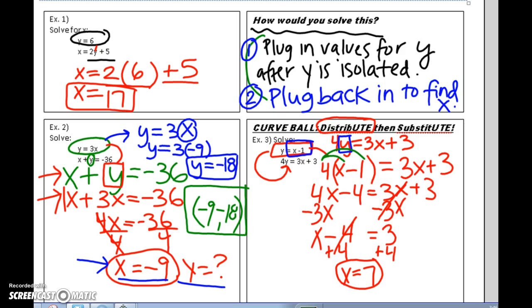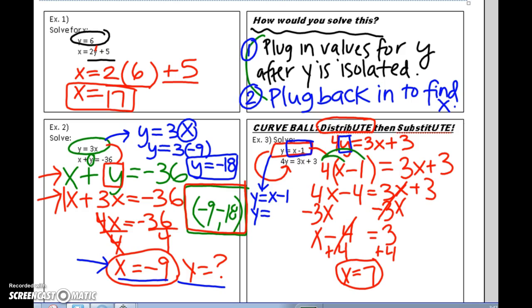I cannot stop until I have an ordered pair, just like the answer in the last example. So I need to go back and plug my x value in for either equation, either one of these two in example 3, to get my y. I'm going to choose the easier one, that first one. y is already isolated in this one. y is equal to x minus 1.